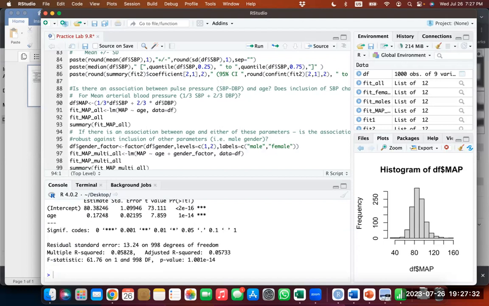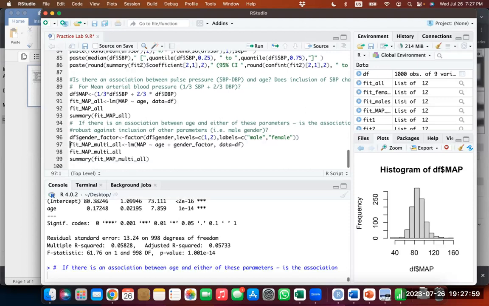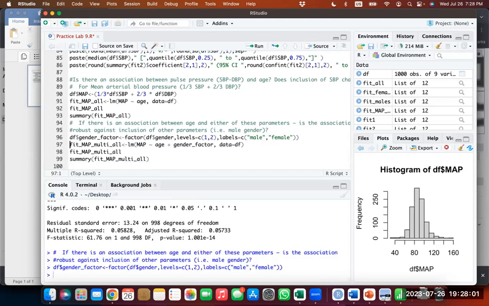And you will see here also a significant association with age. As a little bit of background, mean arterial pressure is quantified as a means to incorporate both SPP and DPP. I'm just putting this in there for calculations, but it's used quite frequently in epidemiological studies.